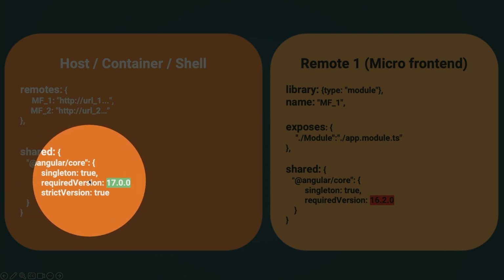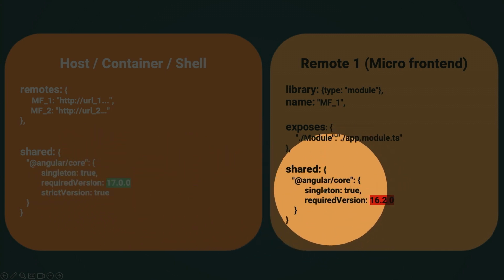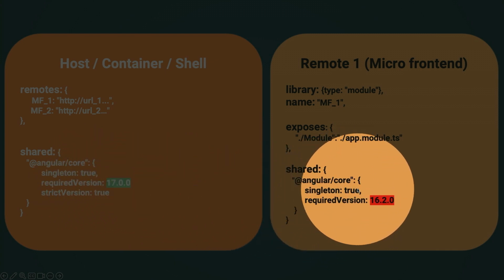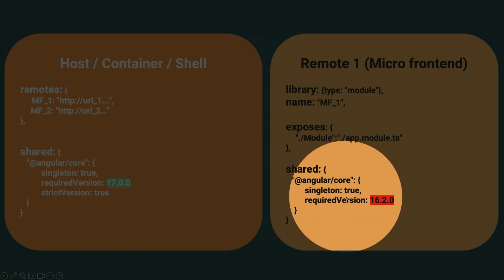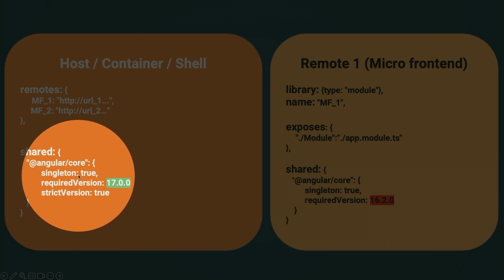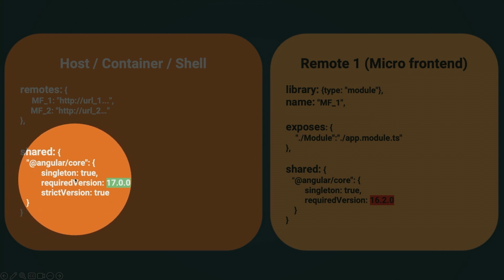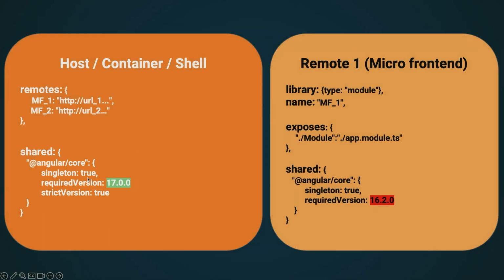Our required version is 17, and that means it is also compared with the versions in the remote. Always the highest compatible version wins, so in this case version 17 will be chosen to download. Also, strictVersion: true means that it will throw an error when there are compatibility errors between versions. That can happen.